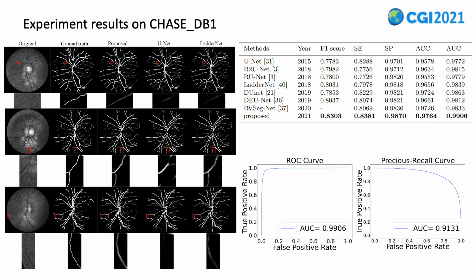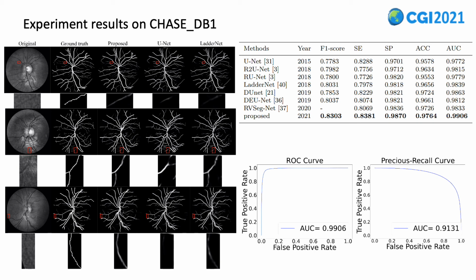And these are experimental results on TRACE DB1 dataset. We achieve best results on all 5 metrics. The area under the ROC curve is 0.9906, and the area under the precision-recall curve reaches 0.9131.